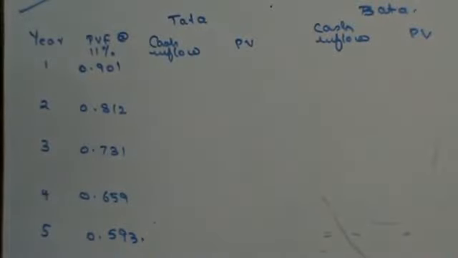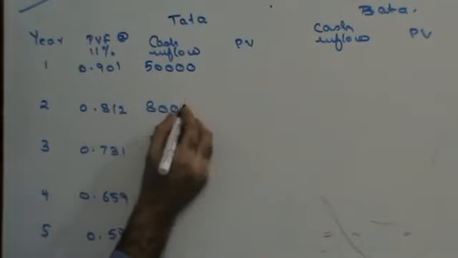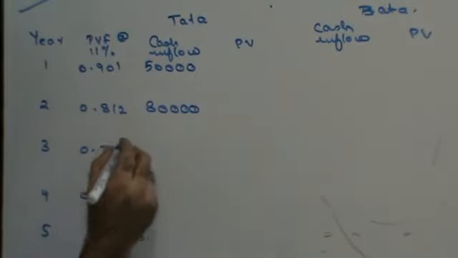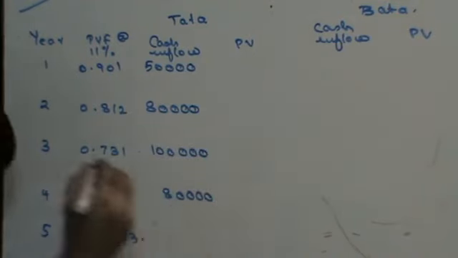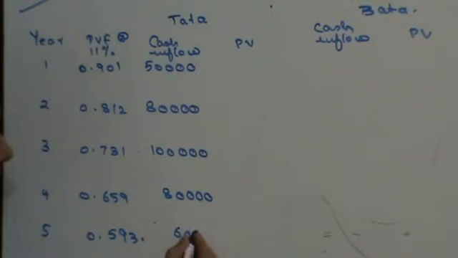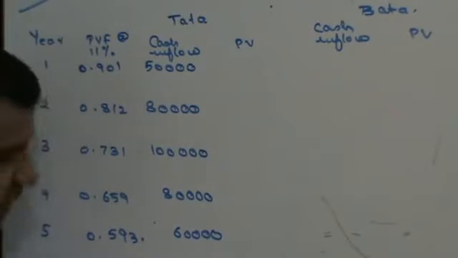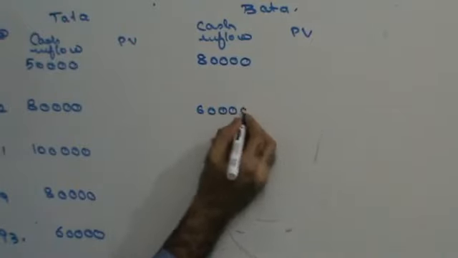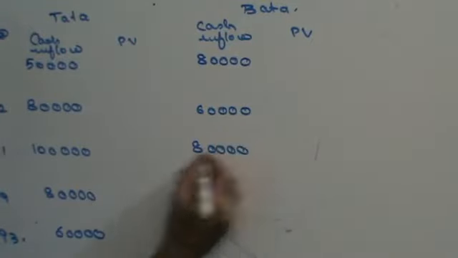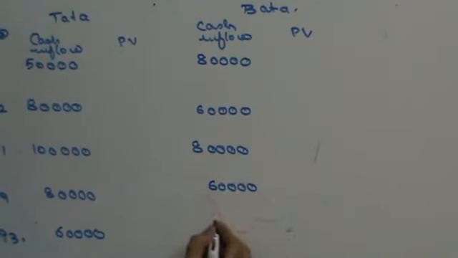Now, the cash inflow is given to you as 50,000, 80,000, 1 lakh, 80,000 and 60,000. Right? Same way for Bata, the figures are 80,000, 60,000, 80,000, 60,000, 80,000. These are your cash inflows for 5 years.